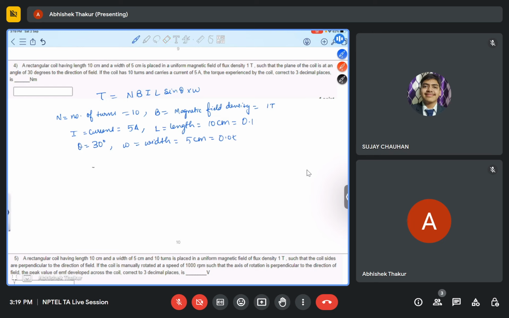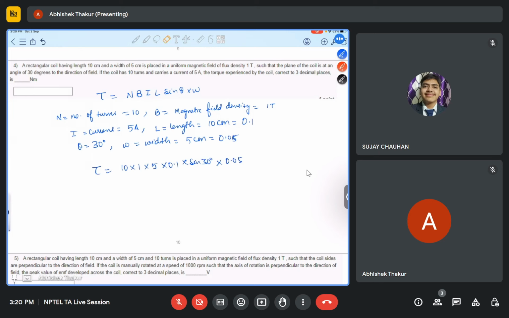So now we can easily find the answer. It will become N, that is 10, into B 1, into I 5, length is 0.1, sine 30 degrees, sine 30 degrees is 1 by 2, and W is 0.05.